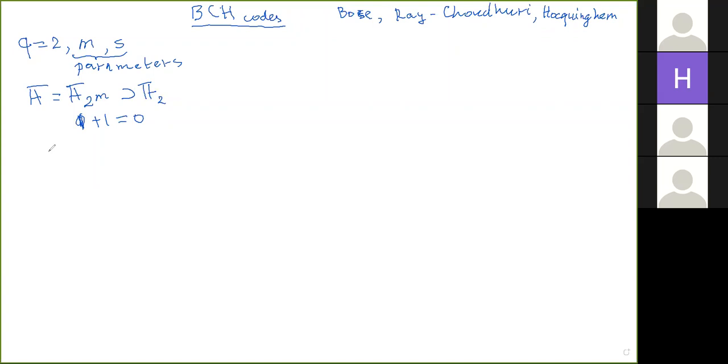Now, I can already describe what the code words are.